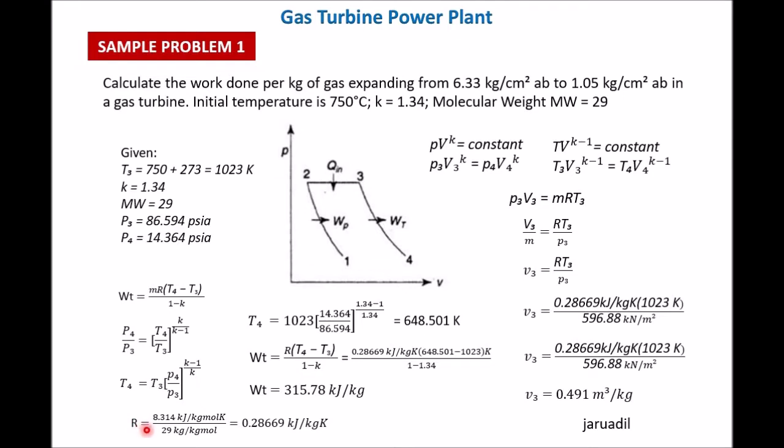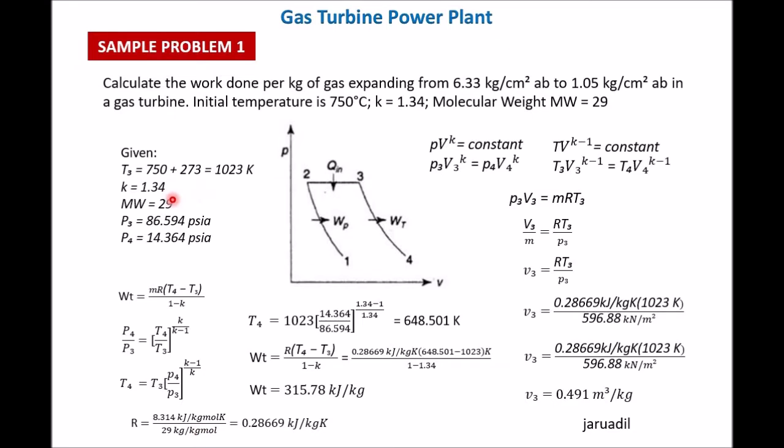Now, what is R? R now is equal to the universal gas constant, 8.314 kilojoules per kilogram mole Kelvin, divided by the molecular weight of the gas. So the molecular weight is 29. So 29 here means kilogram per kilogram mole, or pwede rin siyang, kung English, 29 pound per pound mole.